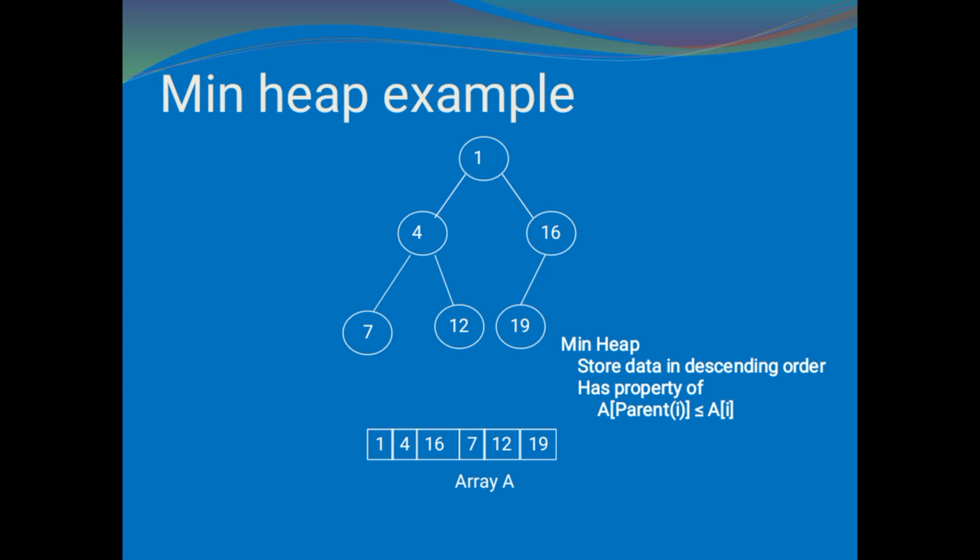Now compare 4, 16 and 1. 4 and 16 are bigger than 1. That is, the parent is having the smallest element and the child nodes are having bigger elements. So it satisfies the min heap.